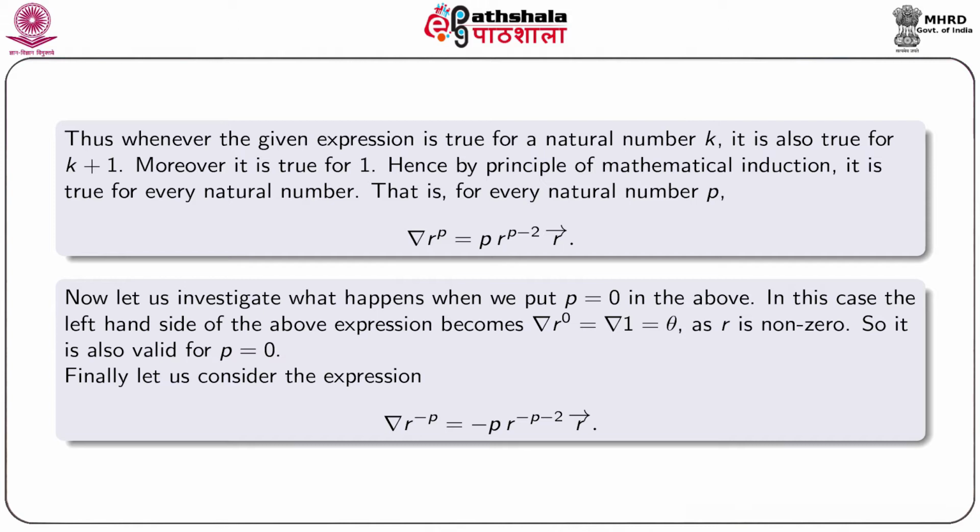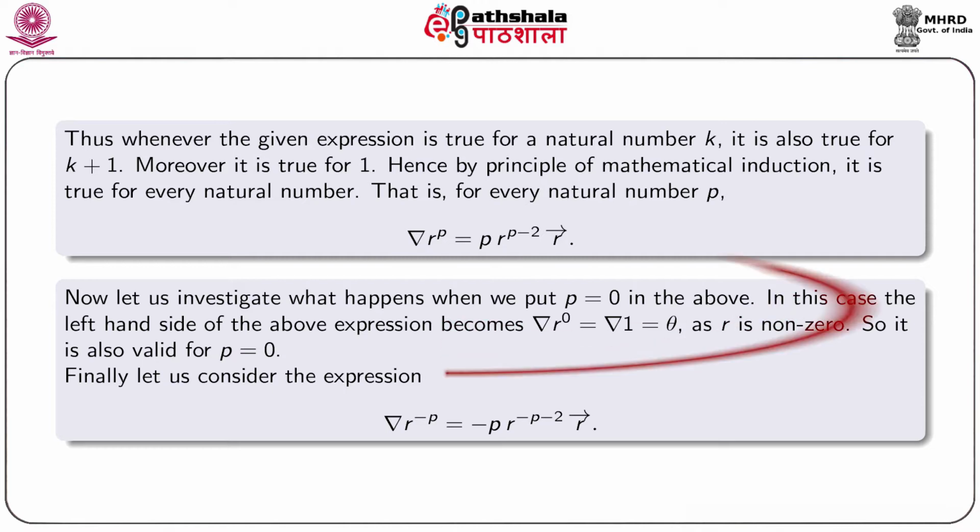That is, for every natural number p, we find gradient of r to the power p equals p times r to the power p minus 2 vector r. So, the proposition is proved for every natural number p, but we are asked to prove it for every integer. So, it remains to prove the case whenever p is equal to 0 and p is any negative integer.